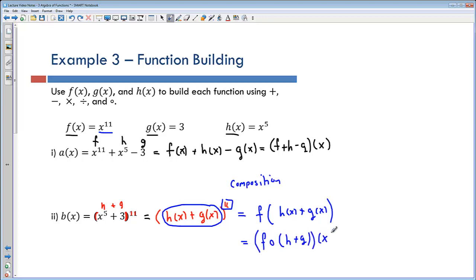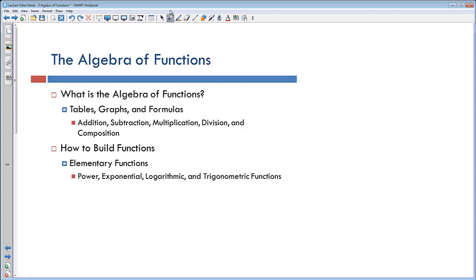That one's a little bit tricky, but the point is that this function is made up of three simpler functions using these operations of addition, subtraction, multiplication, division, and composition.